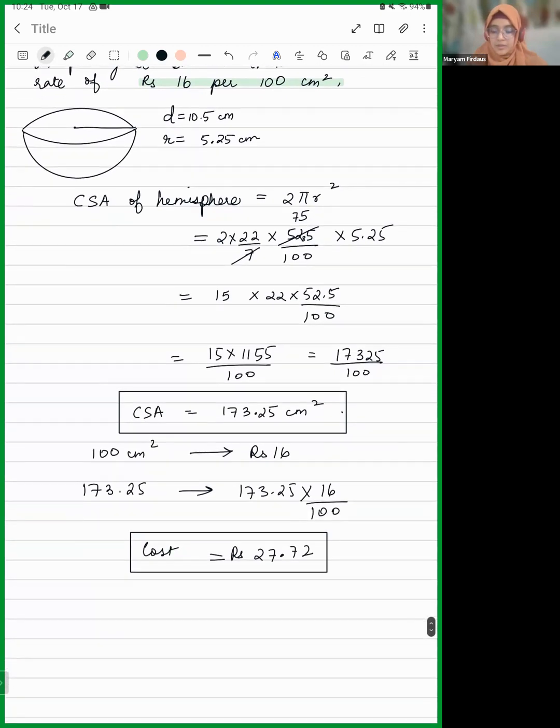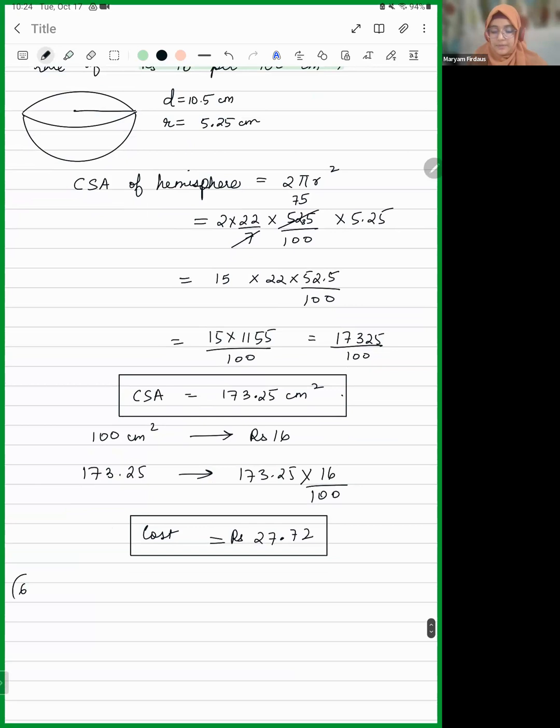Next, let's come to the sixth question. Find the radius of a sphere whose surface area is 154 centimeters squared.